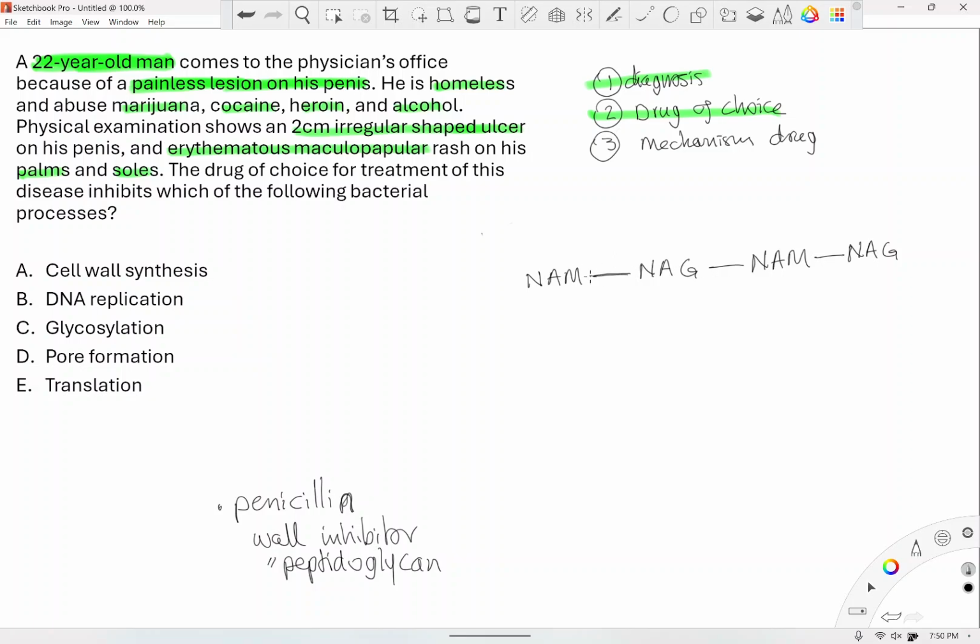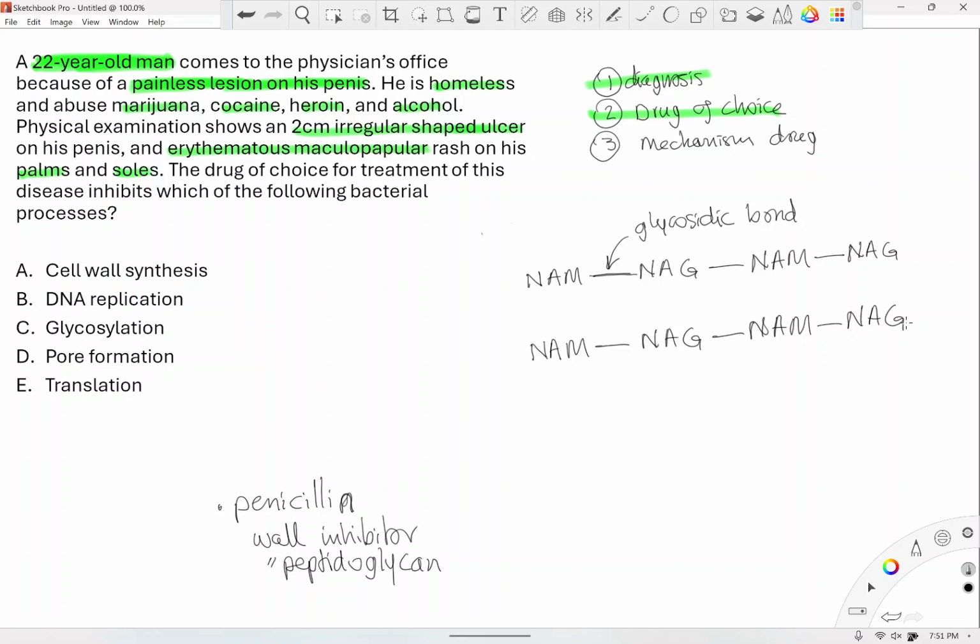The bond between them is a glycosidic bond. Similarly, this is one layer, and then again the next layer, N-acetyl muramic acid attached to N-acetyl glucosamine, N-acetyl muramic acid attached to N-acetyl glucosamine.